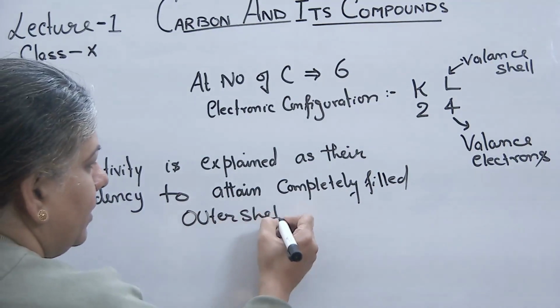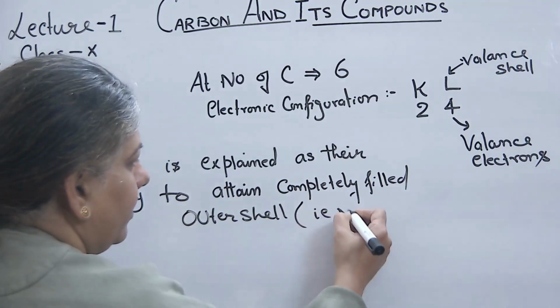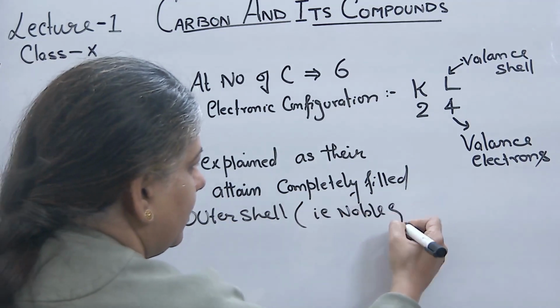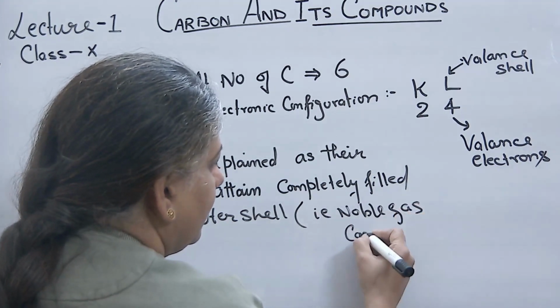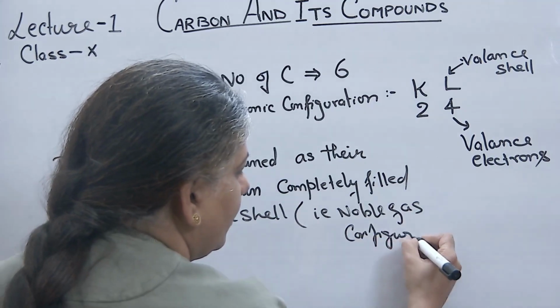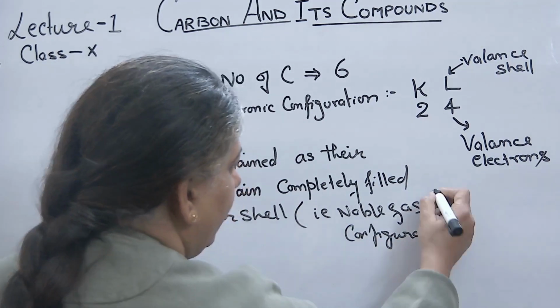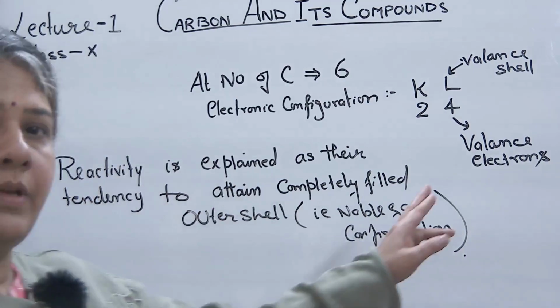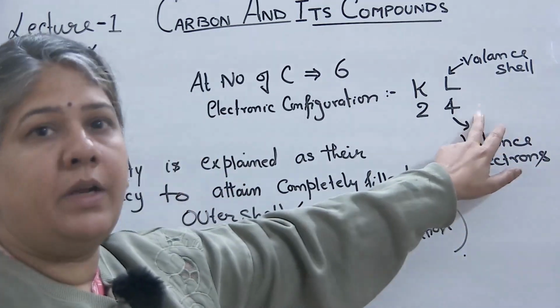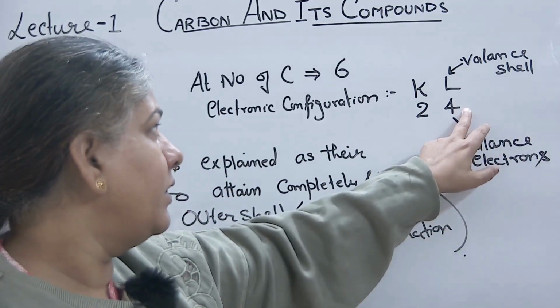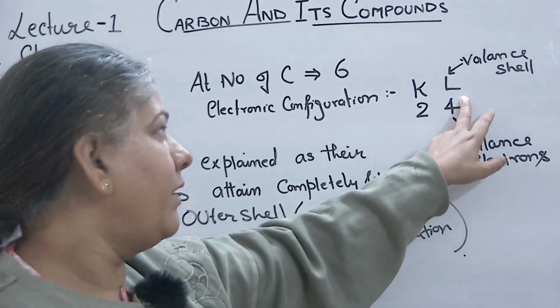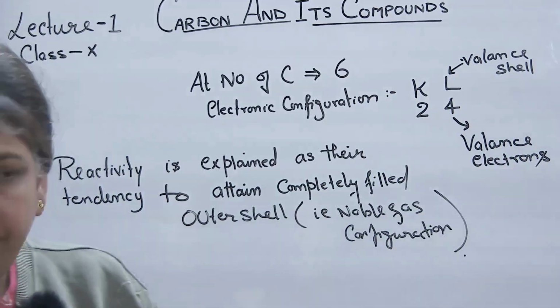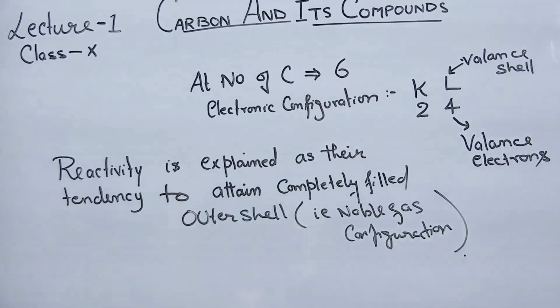That is noble gas configuration. So we shall see now how carbon will achieve noble gas configuration. That is, the outermost shell should have 8 electrons. So let's see how it does.